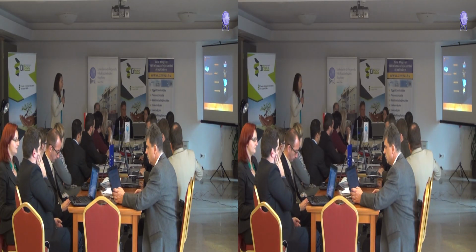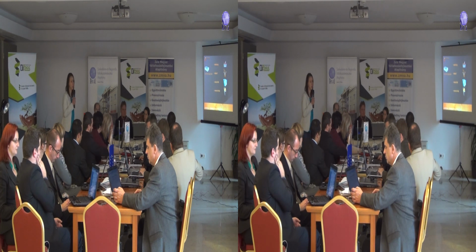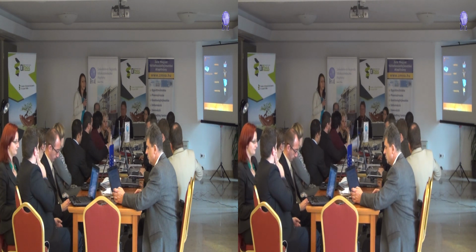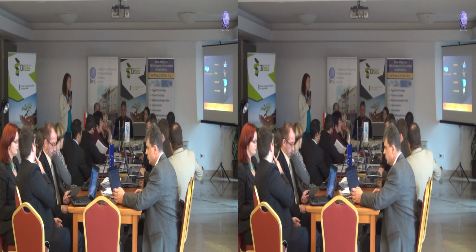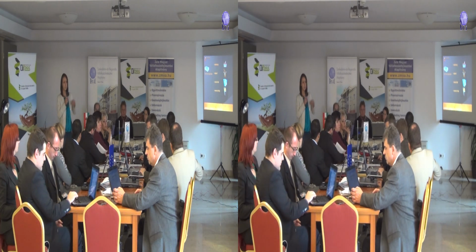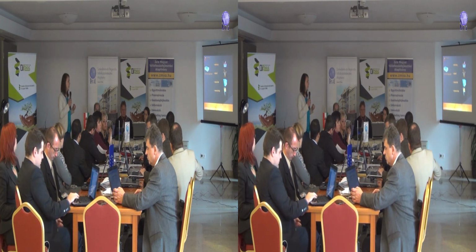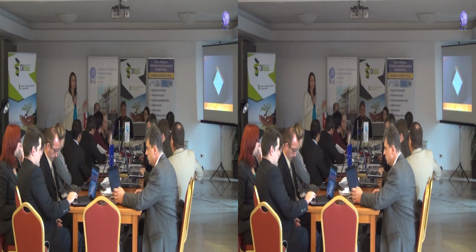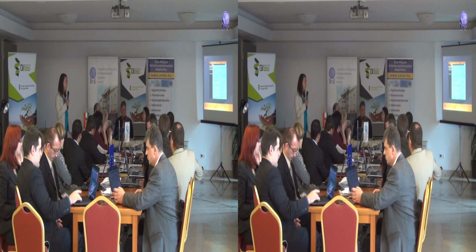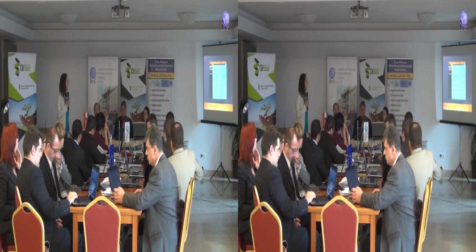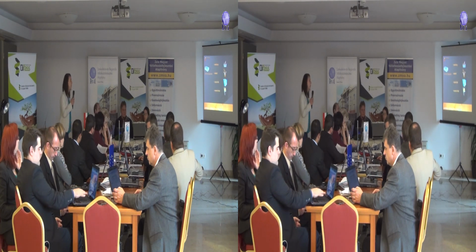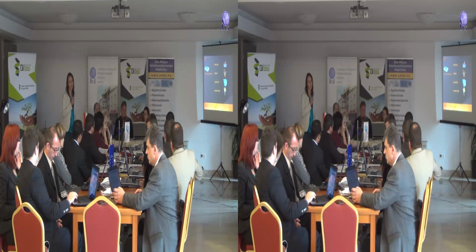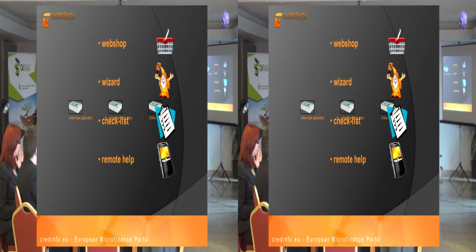After this, they can start the loan application procedure. It's very fast and simple. We have a checklist, so companies see the steps and the level they have completed. And we have the so-called credit wizard.